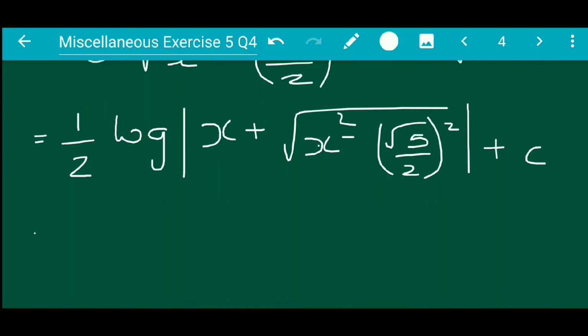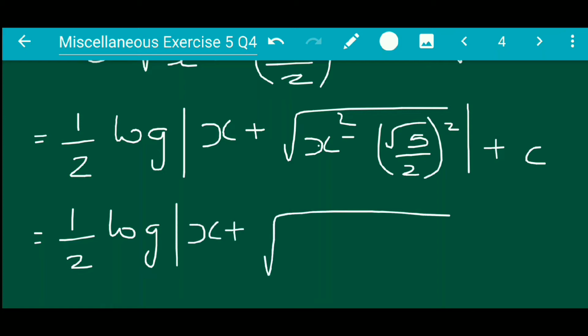And then in the next step, it becomes 1 upon 2 log of mod of x plus, now we expand the root, the terms which are given in the root, we get x square minus 5 upon 4 plus c.